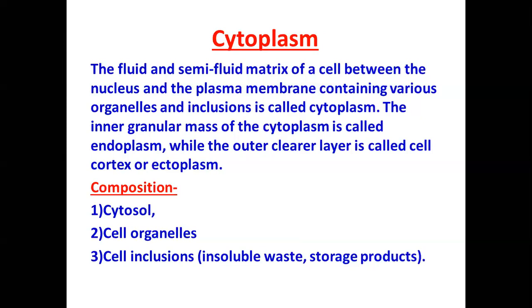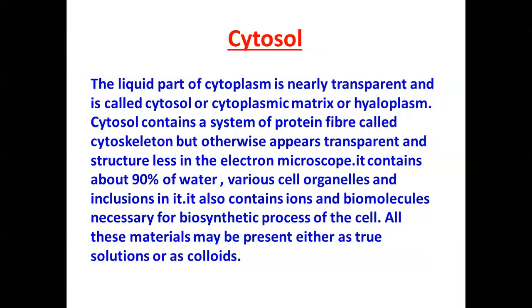Clear? So next we will understand what is cytosol. The liquid part, or we can say fluid part of the cytoplasm, is nearly transparent and is called cytosol or cytoplasmic matrix or hyaloplasm. Cytosol contains a system of protein fiber called cytoskeleton, but otherwise appears transparent and structureless in the electron microscope.